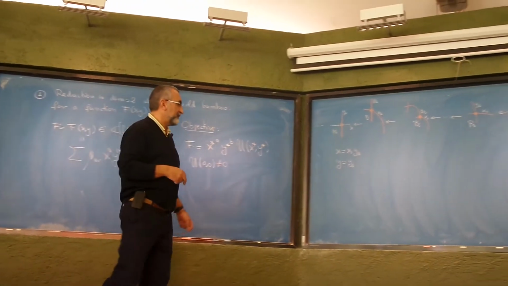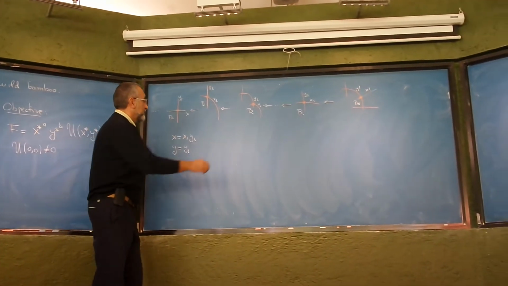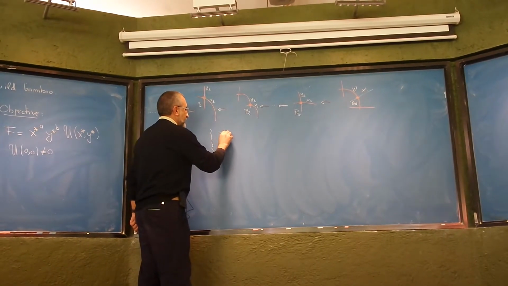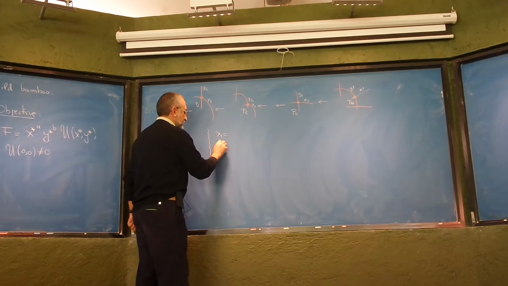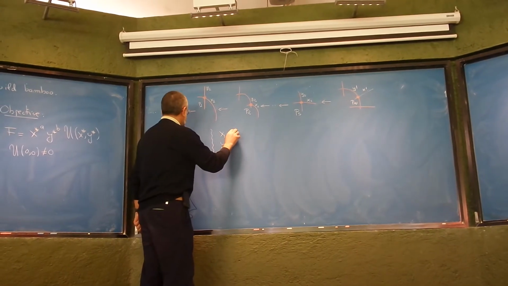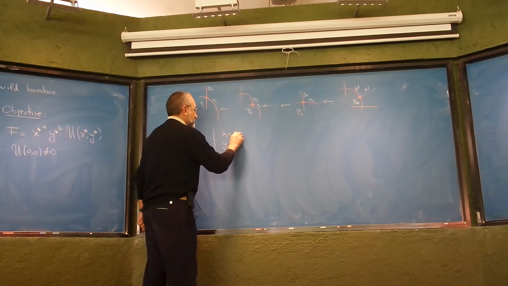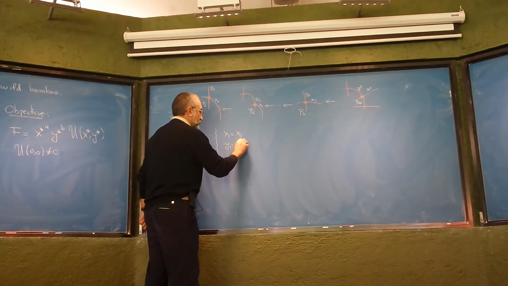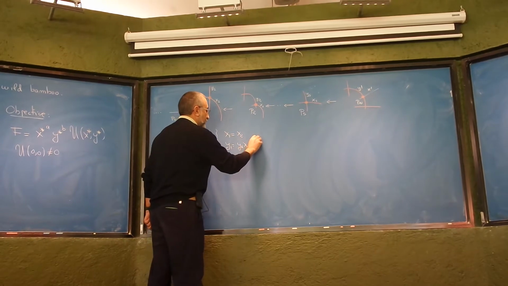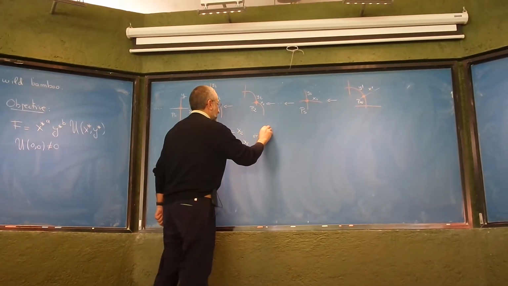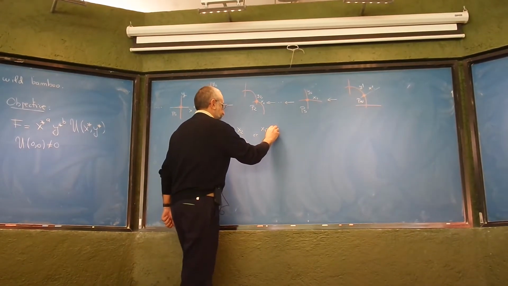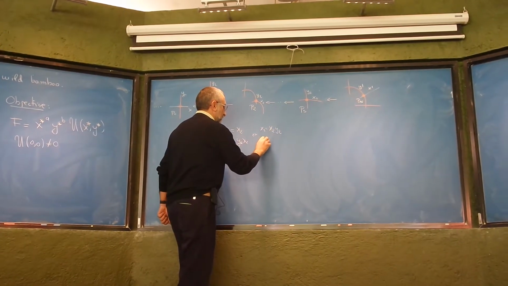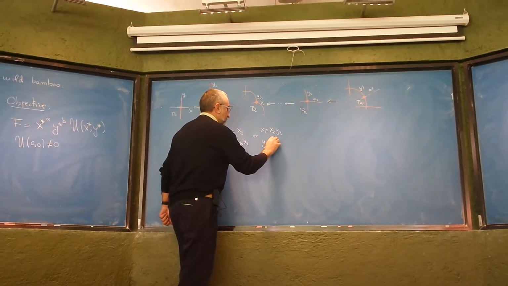At the second step, we have that x1 equals x2, y1 equals y2 x2, or x1 equals x2 y2, y1 equals y1.